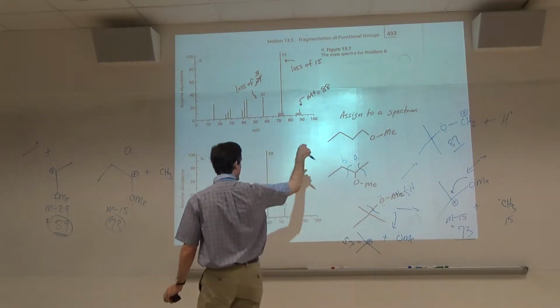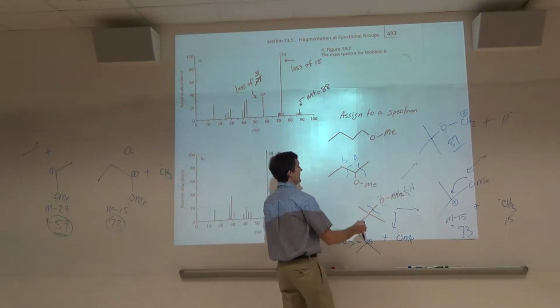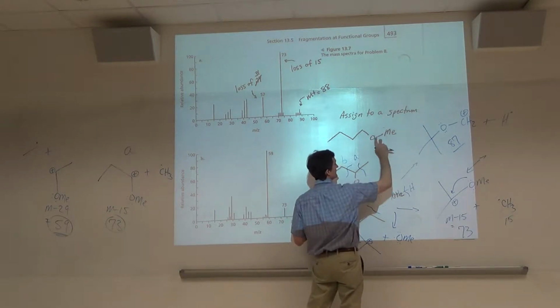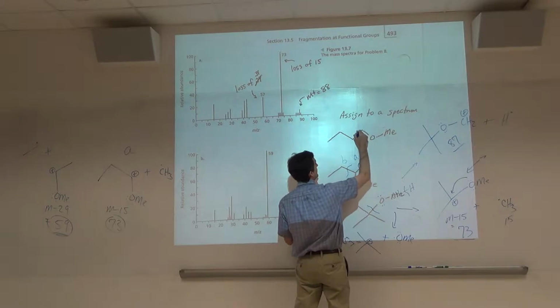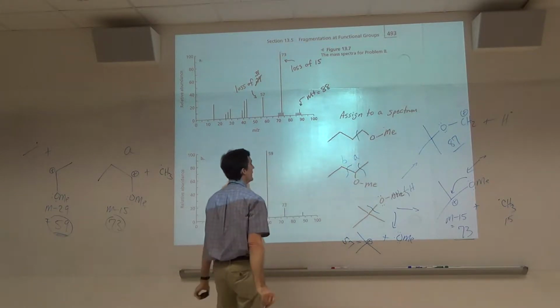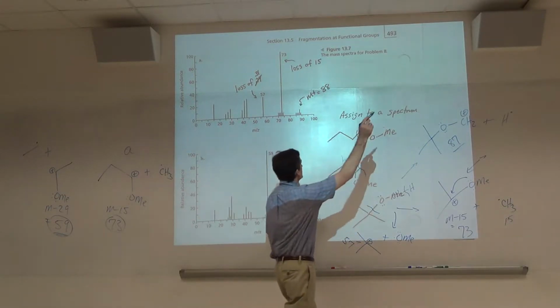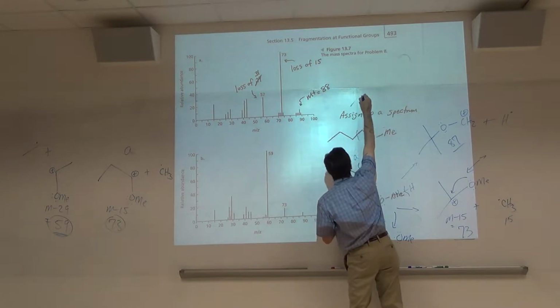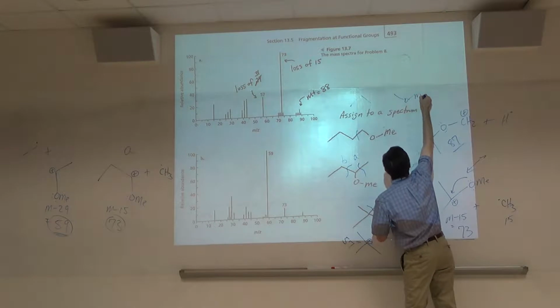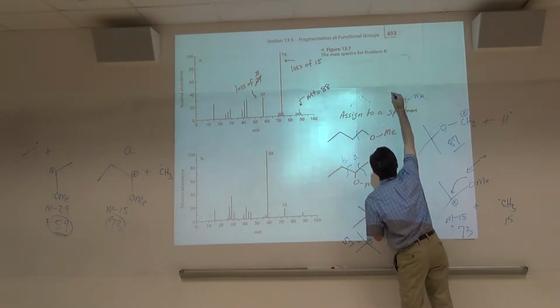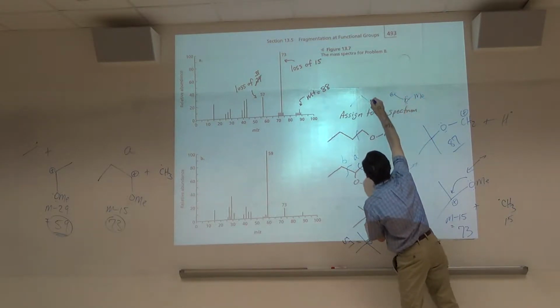How about the top one? Where do we expect to cleave? Same thing. We can cleave an H and make a CH2 cation. Over here we would cleave here. I'll try to draw it up top here. Cation would be there next to the lone pair. This would be the radical.